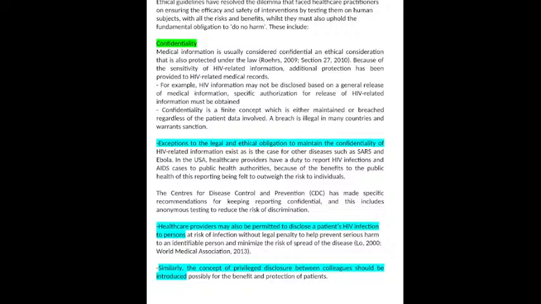That is why we are saying exceptions to the legal and ethical obligation to maintain confidentiality exist. Number one, when public health authorities require the information. Of course, they don't require information about you as an individual, but maybe they require the numbers of individuals that are infected. That way, such information may be released.